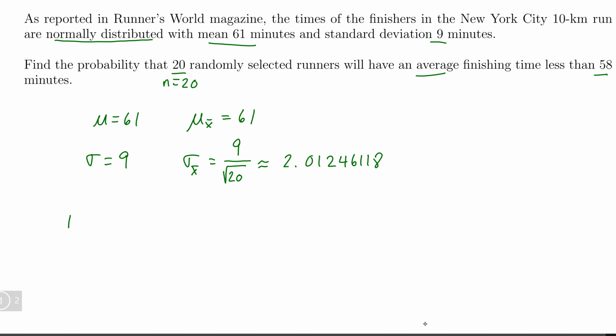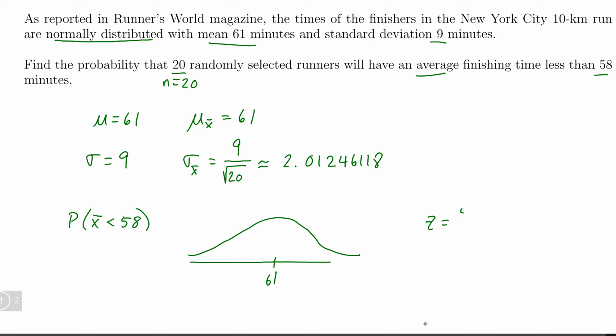So here we're looking for the probability that x bar is less than 58. If we sketch this with a mean of 61, we need to find the z-score for 58. So we have 58 minus 61 divided by the new standard deviation that we calculated.